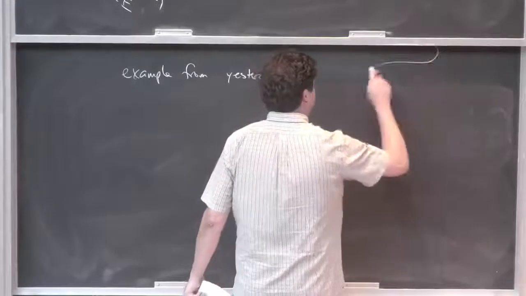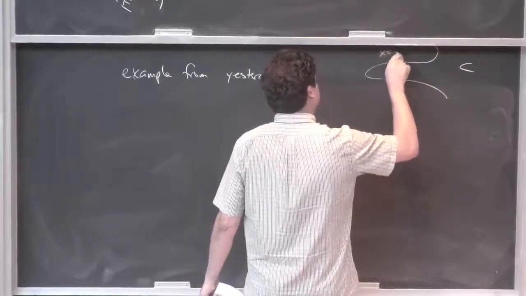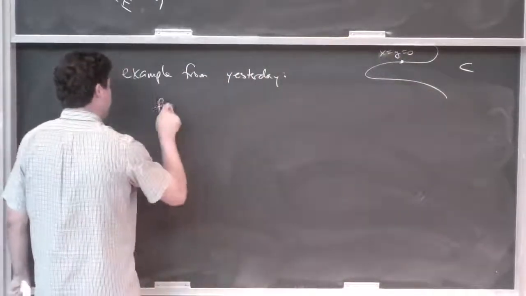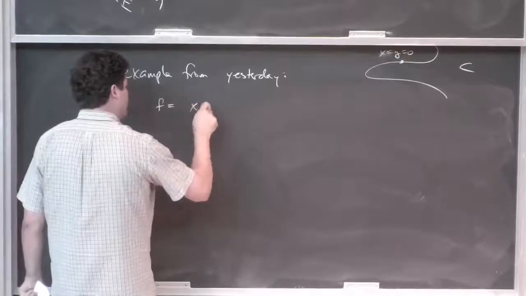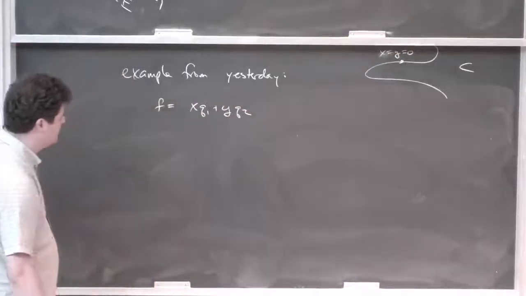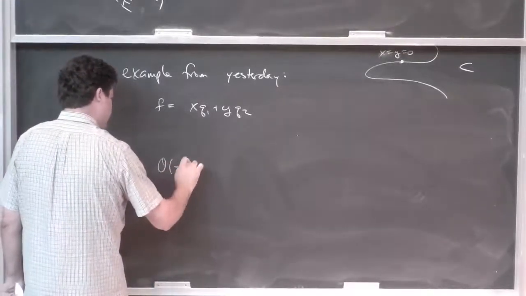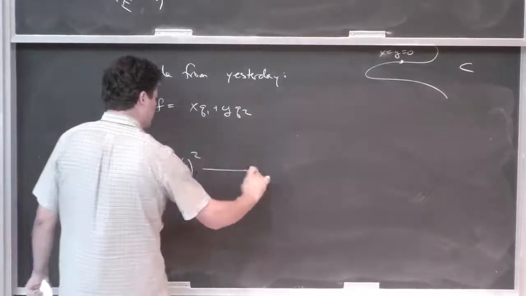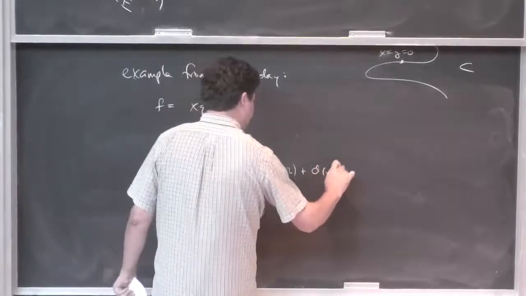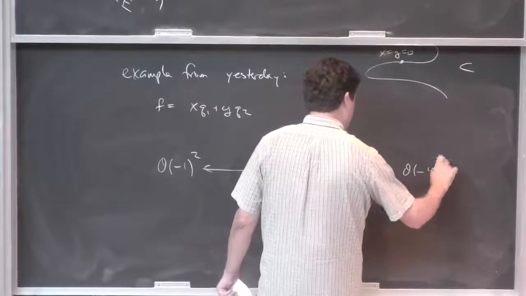Remember, we had an elliptic curve C, and we had a point x equals y equals 0. And so we wrote f to be x q1 plus y q2. And we considered this matrix factorization: O(-1) squared came from O(-2) plus O(-3) came from O(-4) squared.